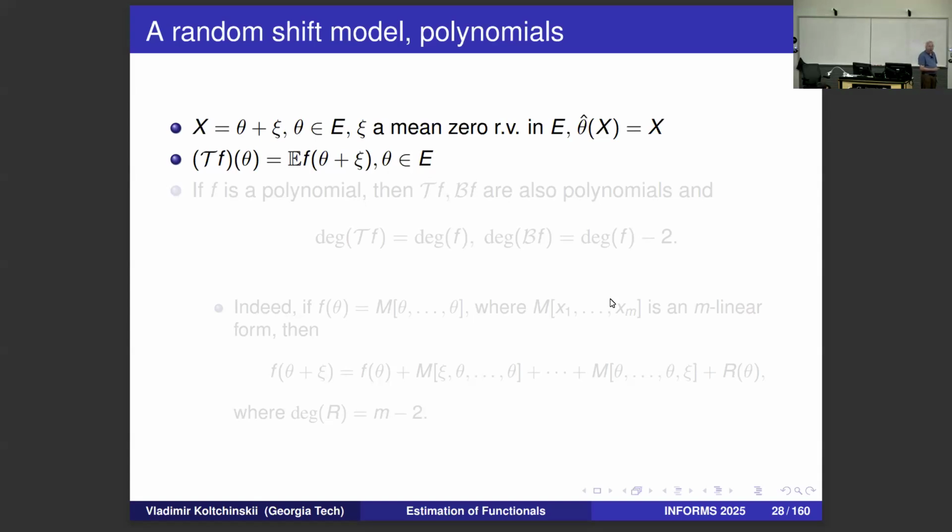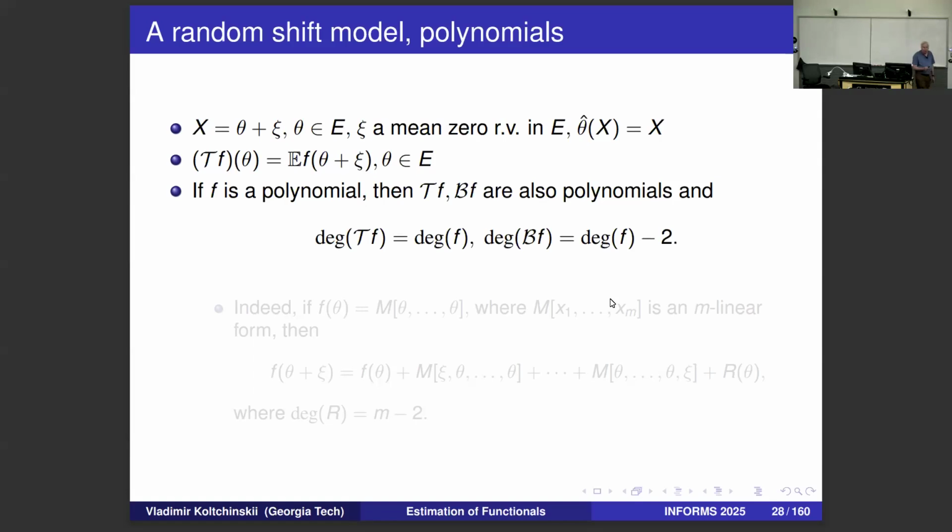Let's see what happens with operator T when our functional is very simple, when it is a polynomial on our space E. If it's a polynomial, it turns out that both Tf and Bf, where B is T minus identity, are also polynomials, and the degree of Tf will be the same as the degree of f, and the degree of Bf will be the degree of f minus 2.